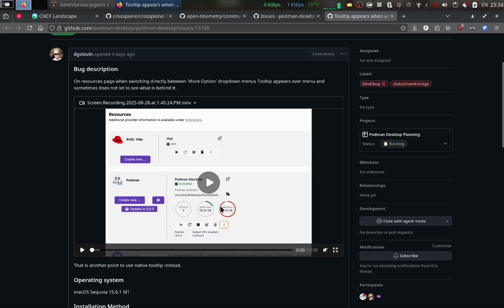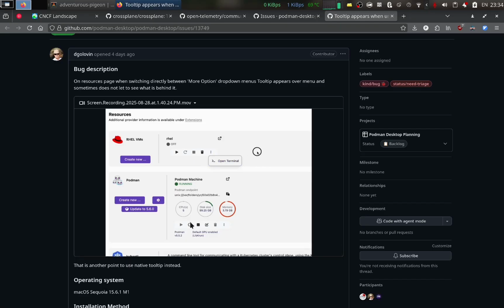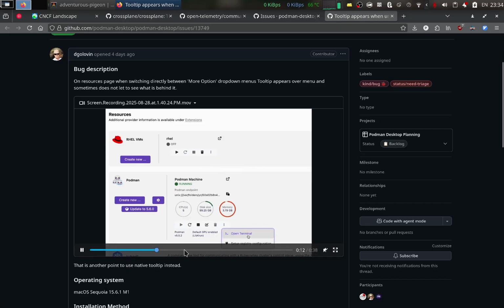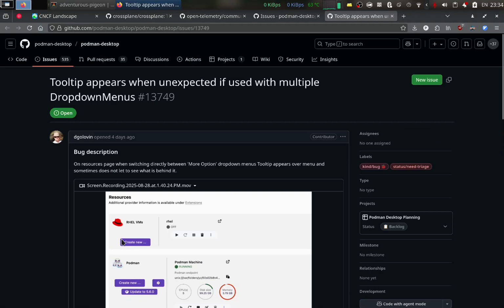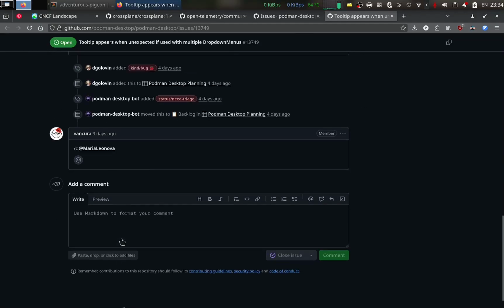Now, my plan is to solve this issue where the tooltip has a bad behavior. Tooltip doesn't work as expected. So I'm looking to fix this problem.